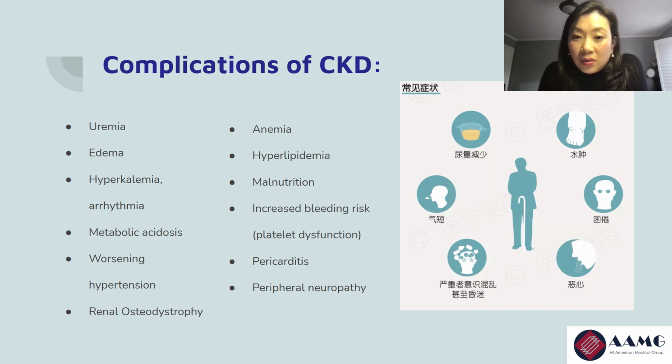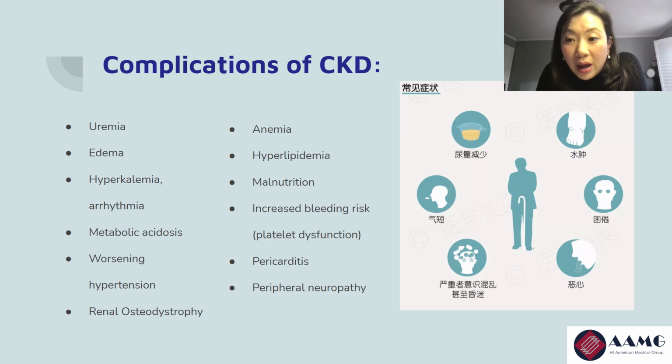And then also people with chronic kidney failure will have very hard to control hypertension, so it's worse than their baseline. And chronic kidney disease can also cause bone disease, osteodystrophy. The bones are being lysed or dissolved because of the rearrangement of the acid and base.